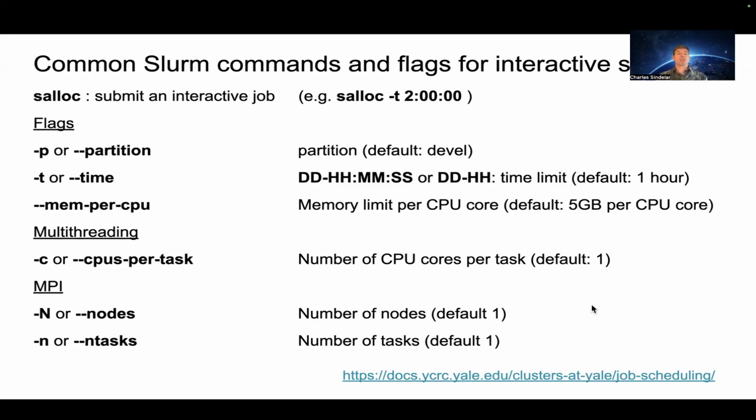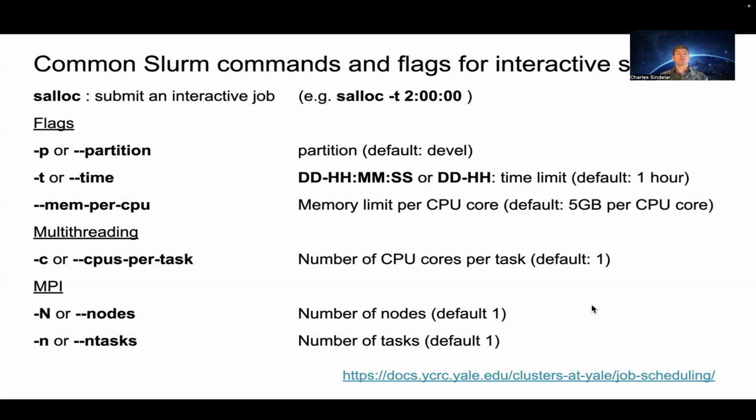The partition flag, which is --partition, abbreviated as -p, controls which partition you would like your job to run on. As discussed previously, these include partitions named devel, day, and so forth. You can also request the amount of time that your job will run for, and that's the maximum after which your job will be terminated, regardless of whether it finished or not.